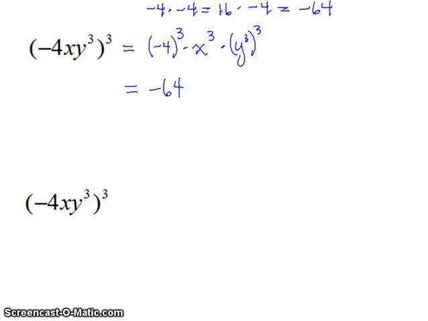Since it's an odd exponent, we'll have an odd number of negatives, which gives us a negative result, pardon me. And then we have x to the third, and then we have y to the third to the third. So this is a power of a power. And so we take y to the third times y to the third times y to the third. So that's going to give us y to the ninth.